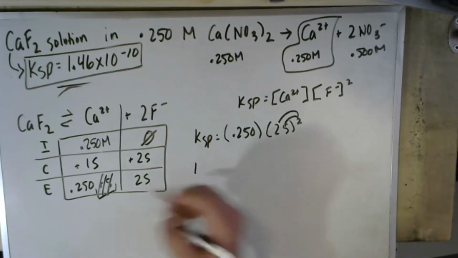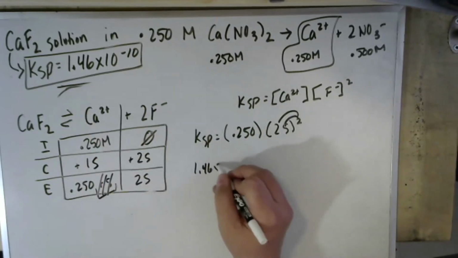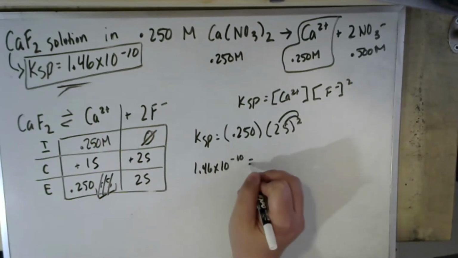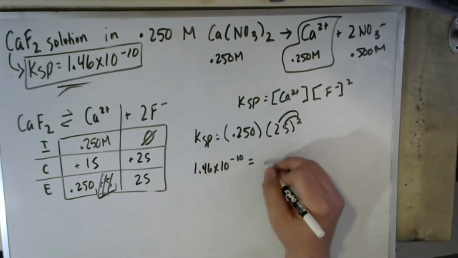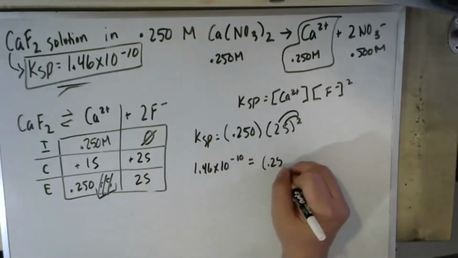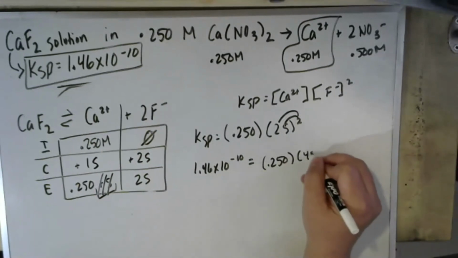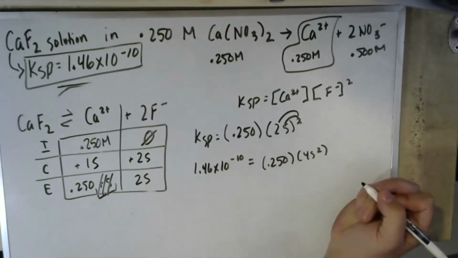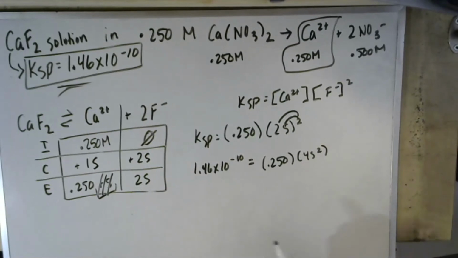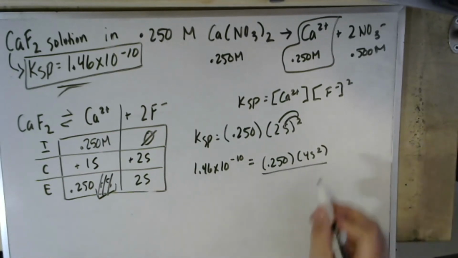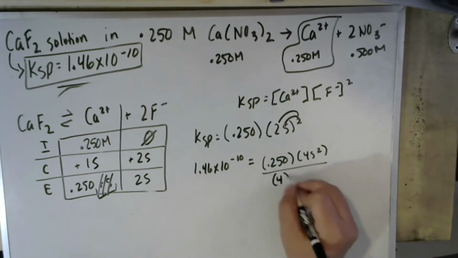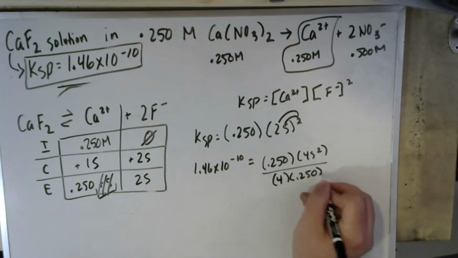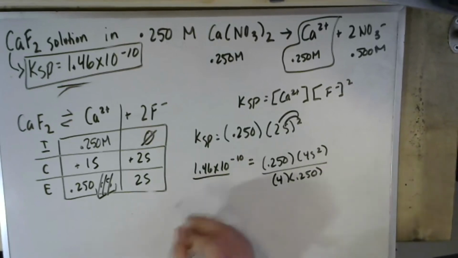So our KSP, which is 1.46 times 10 to the negative 10, is going to be equal to 0.250 times 4s squared. Okay, so now we're going to solve. I'm going to divide both sides by 4 times 0.250. No, I'm being lazy. I don't want to put it in my calculator.